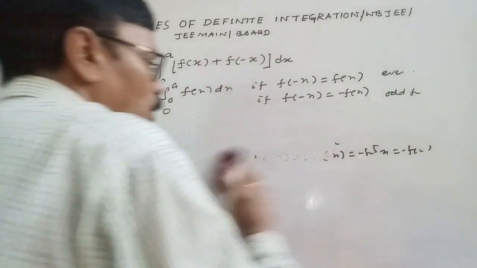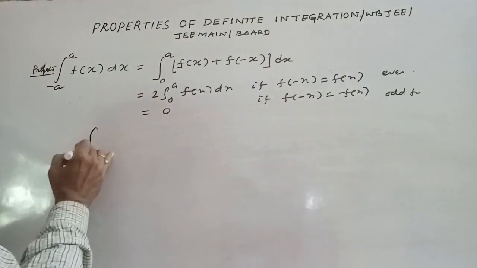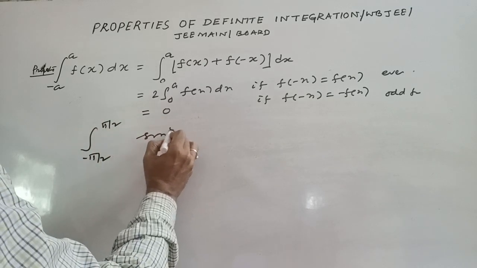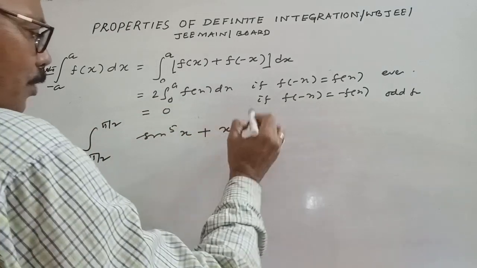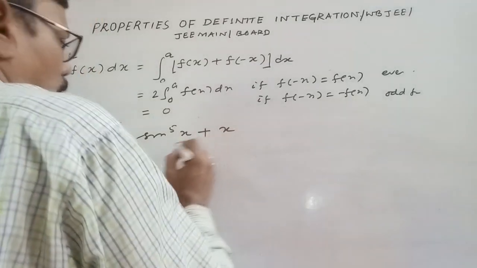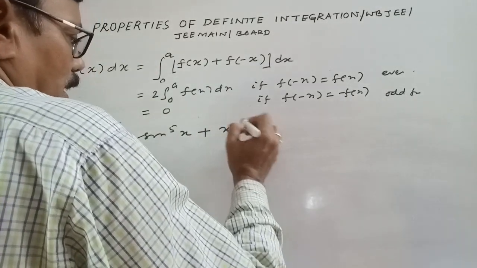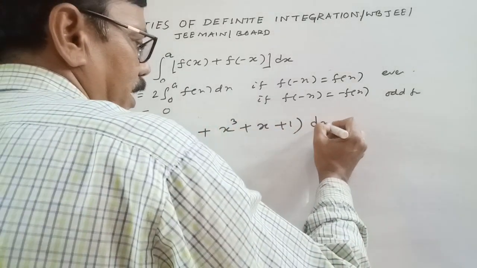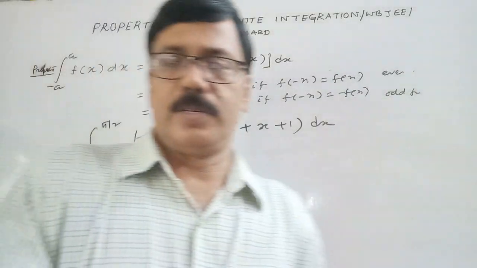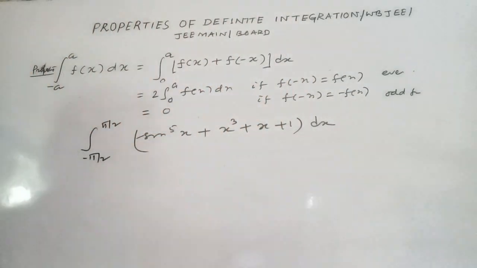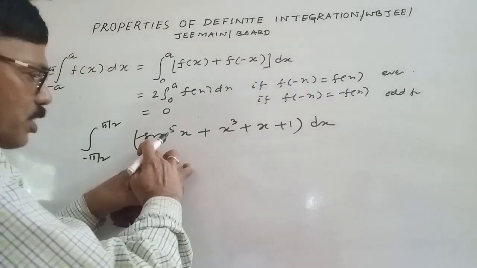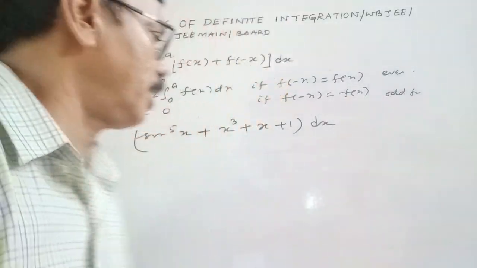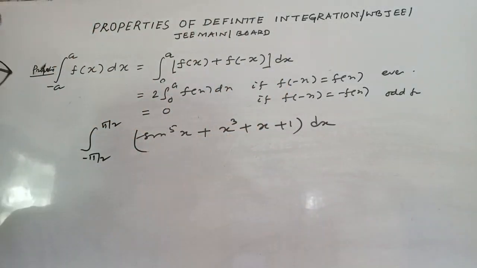So, look, suppose this problem, minus pi by 2 to plus pi by 2, sine to the power 5x plus x cube plus x plus 1 into dx. So, if you consider this as f(x), then you see it is neither even nor odd.